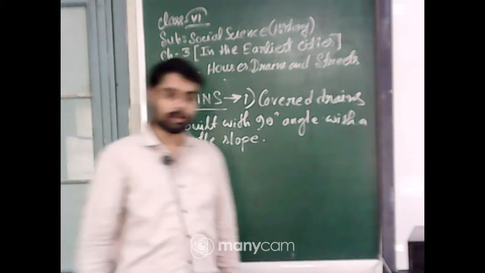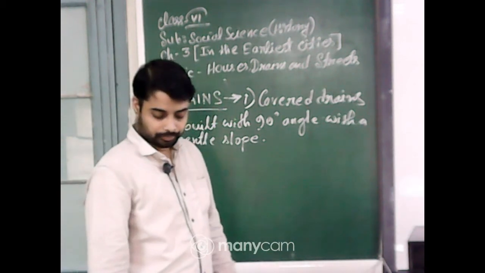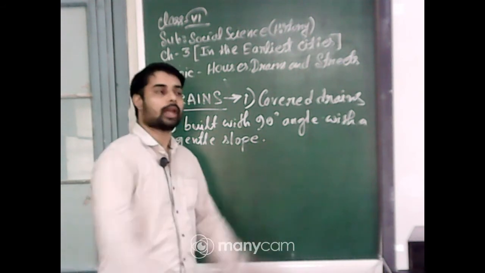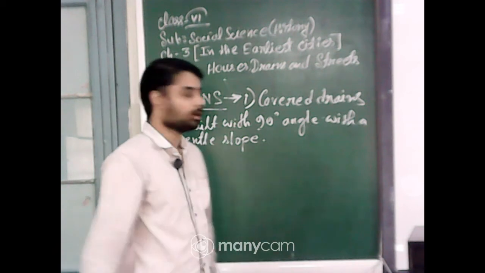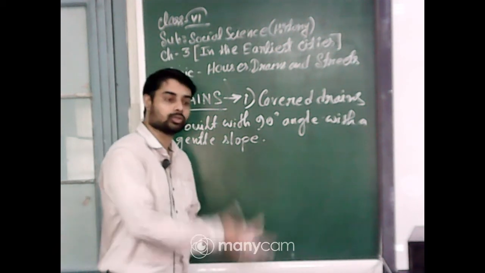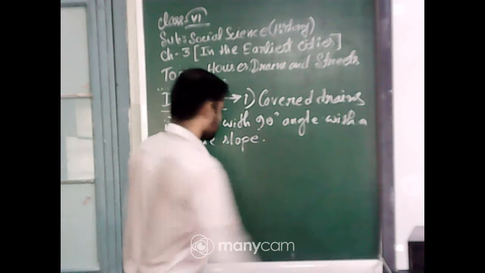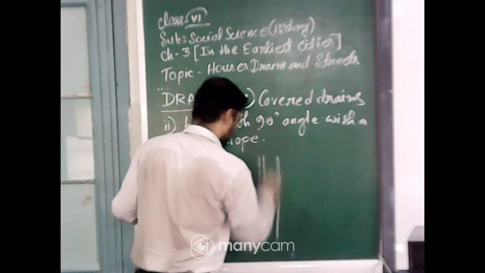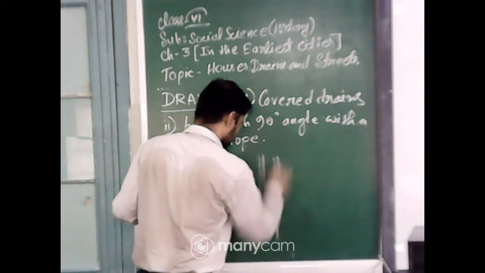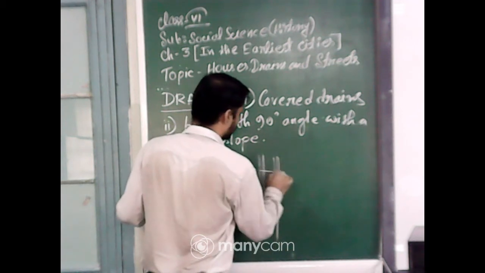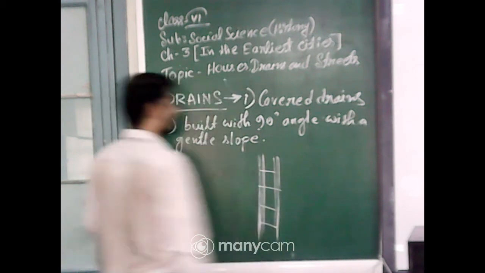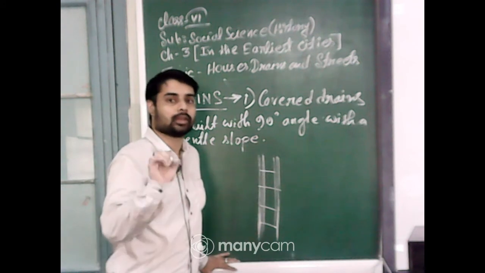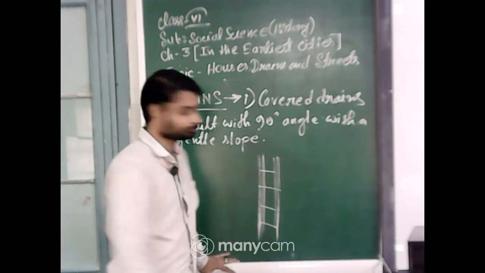Number 3, what are the other features? The house drains were connected to the street drains, and the street drains were connected to the main drain, situated beside the road or under the road. The main drains were constructed under the road and covered with limestone slabs, and the depth of the main drains is on average 1.5 meters.